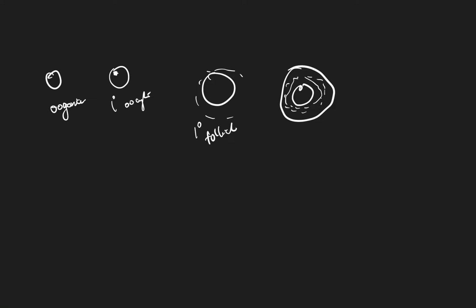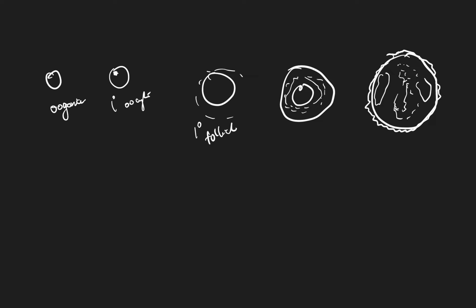This is my secondary follicle, and then tertiary follicle, which is going to have a differentiated theca layer on top of it, and it has multiple cells inside it. This is how it is looking. This is tertiary follicle, this is secondary follicle.